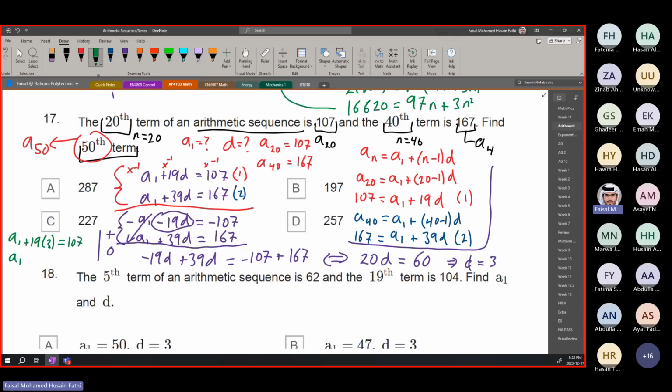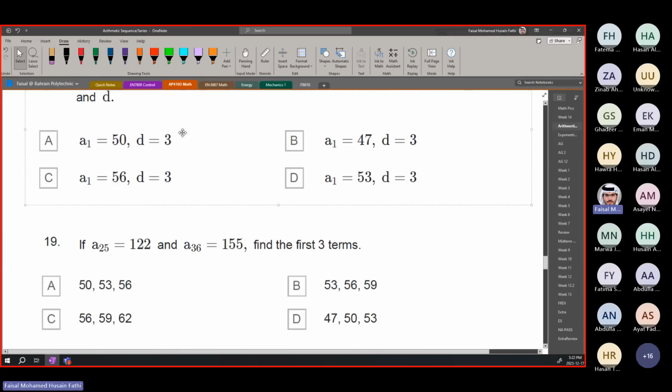We find out that A1 is equal to 107 minus 19 times 3, taking it to the other side. So 107 minus 57 is going to be 50. So we found our A1 is 50 and we found our D to be 3. Now, we are not done with the question. What do we need to do?